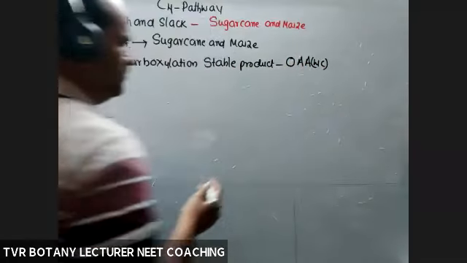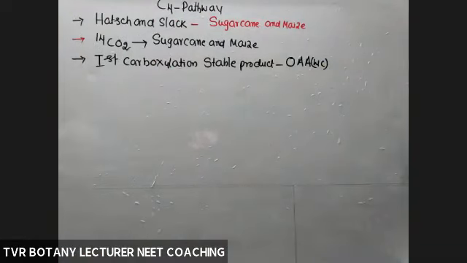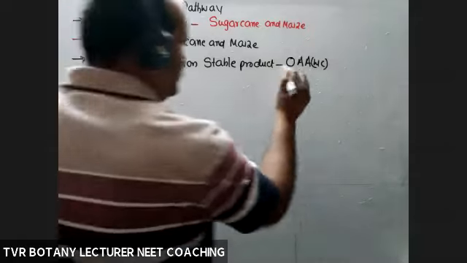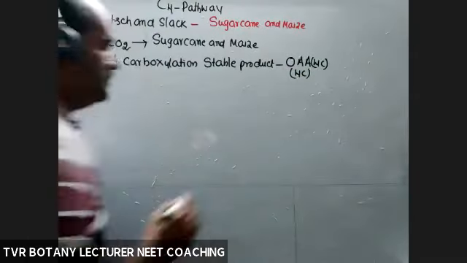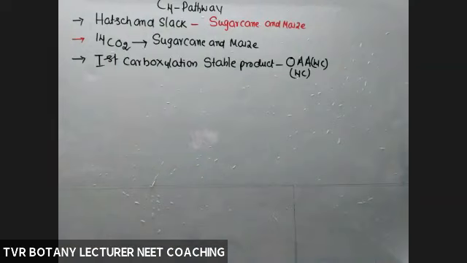Malic acid also, according to your textbook. So they traced out 4 carbon organic acids, OAA, oxaloacetic acid, and malic acid also. Reason they are with 4 carbon atoms, hence the name C4 pathway.